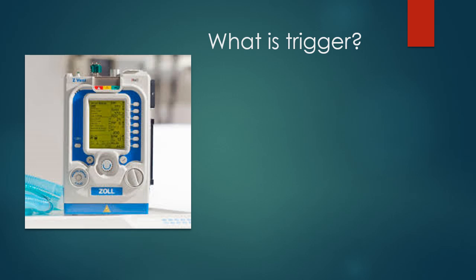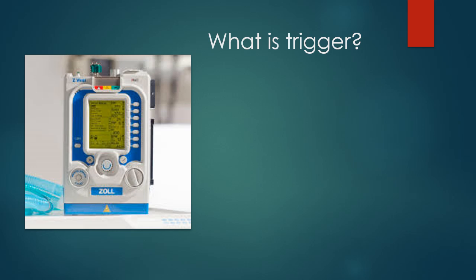All right, let's talk a little bit about trigger. So trigger is essentially what is triggering the vent to work. What is the sensitivity level of the vent? The way that you get to trigger on our vent is when you're in BiPAP mode, and it's only in BiPAP mode that I believe that you can change this, is holding down the PIP.